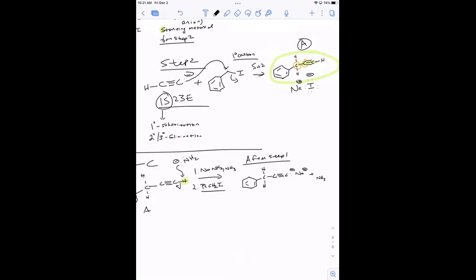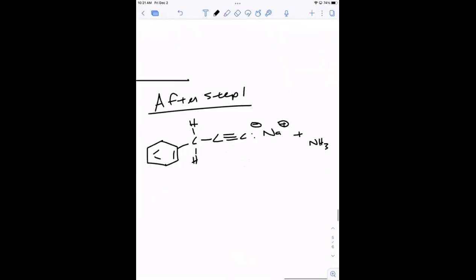And then now I want to do step two, which is to react this with the exact same thing.